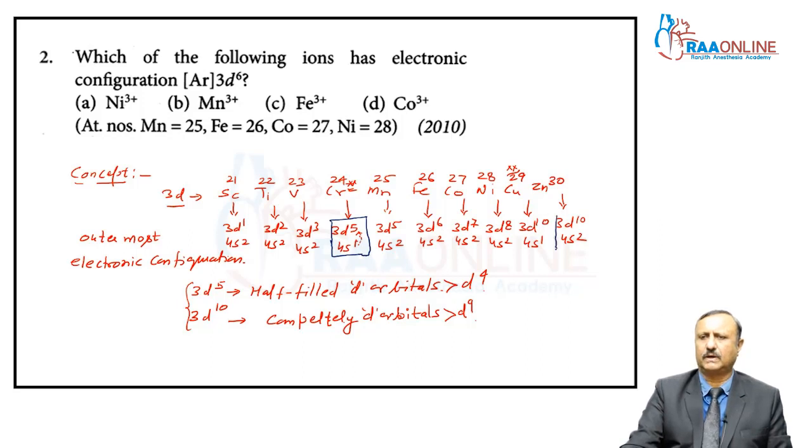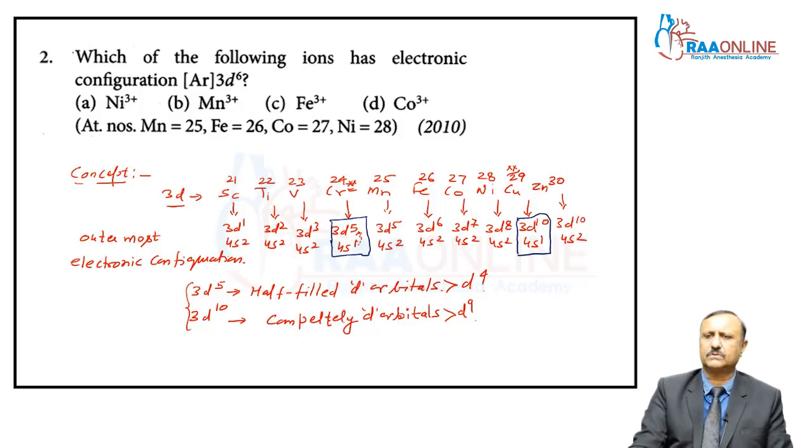This 3d5 half filled d orbital is present and it is more stable than d4, and here you can see the 3d10 completely filled d orbital is present, which is more stable than d9.